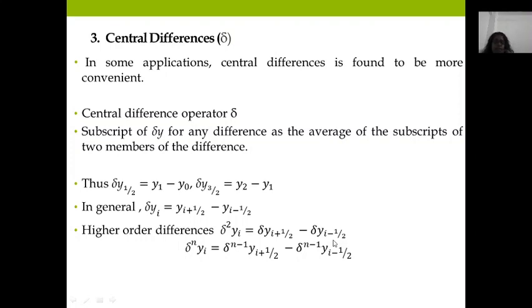It's like a series. So δn yi is equal to δn minus 1 yi plus half minus δn minus 1 yi minus half. It's very easy. You just need to understand the symbols and terminology. So this is the third finite difference operator, the central difference operator.